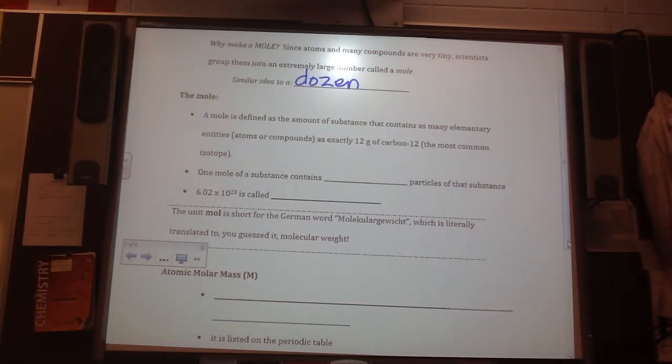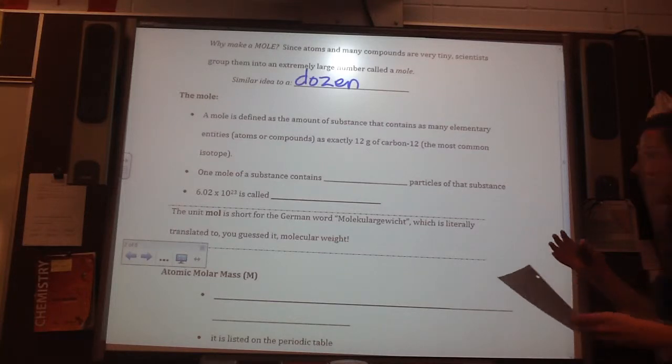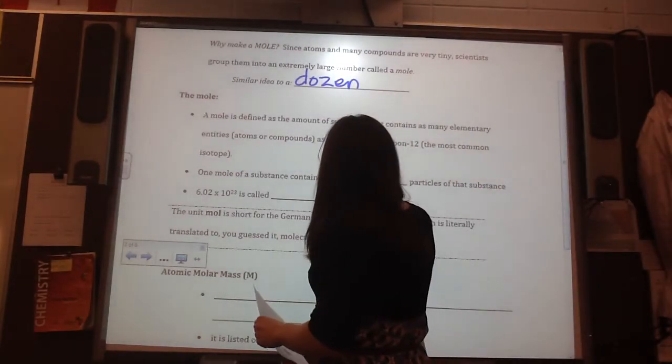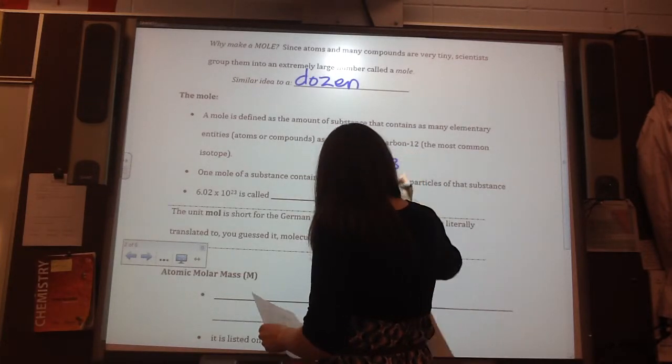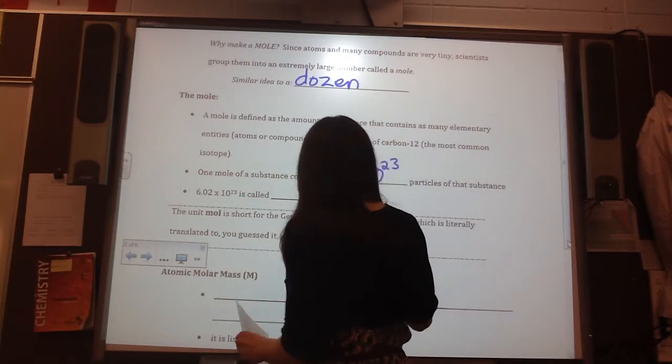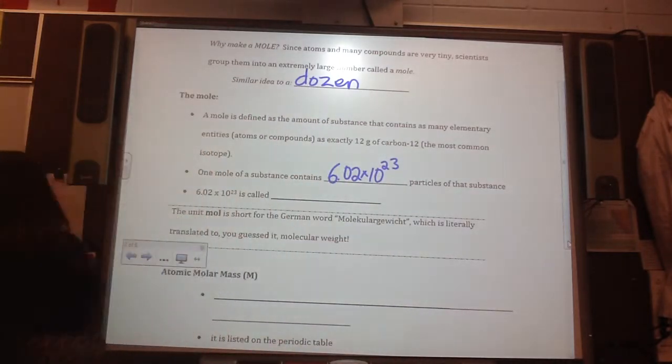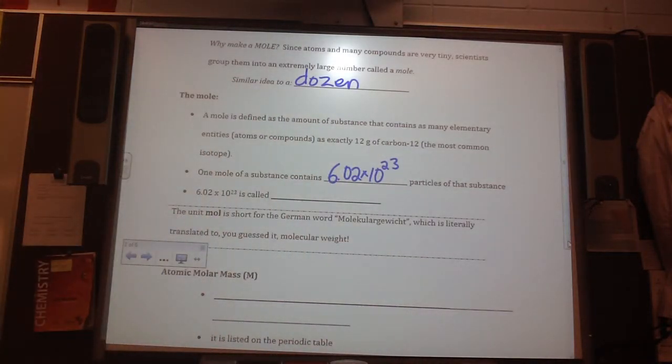Now, 1 mole of that amount of carbon contains 6.02 times 10 to the power of 23 particles of that substance.